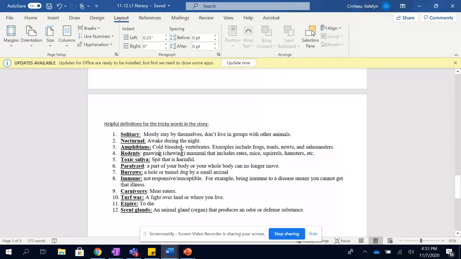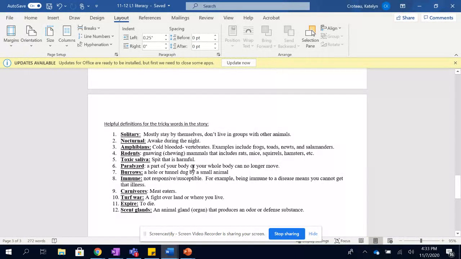Rodents are gnawing, also known as chewing mammals that include rats, mice, squirrels, hamsters, etc. Toxic saliva means spit that is harmful. So the spit in your mouth would actually be harmful, could paralyze or poison. Paralyzed is like a part of your body or your whole body can no longer move.